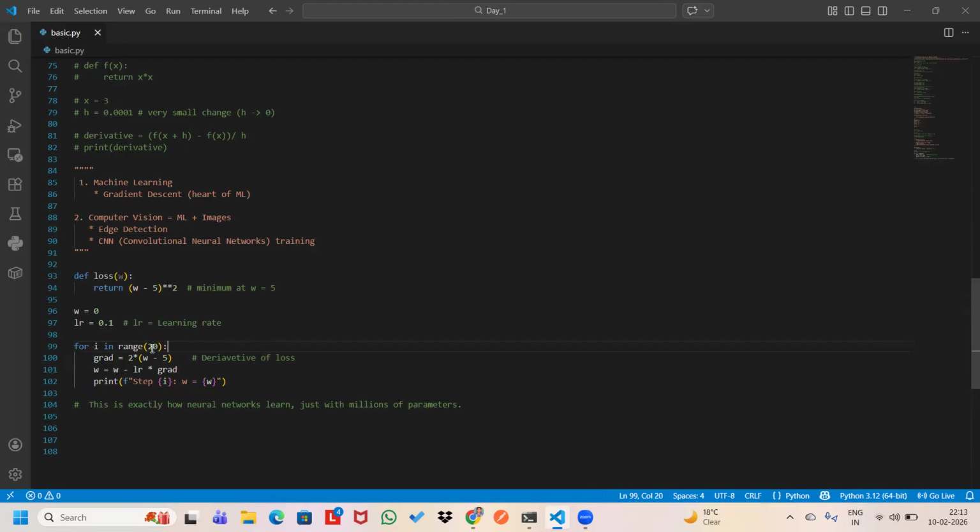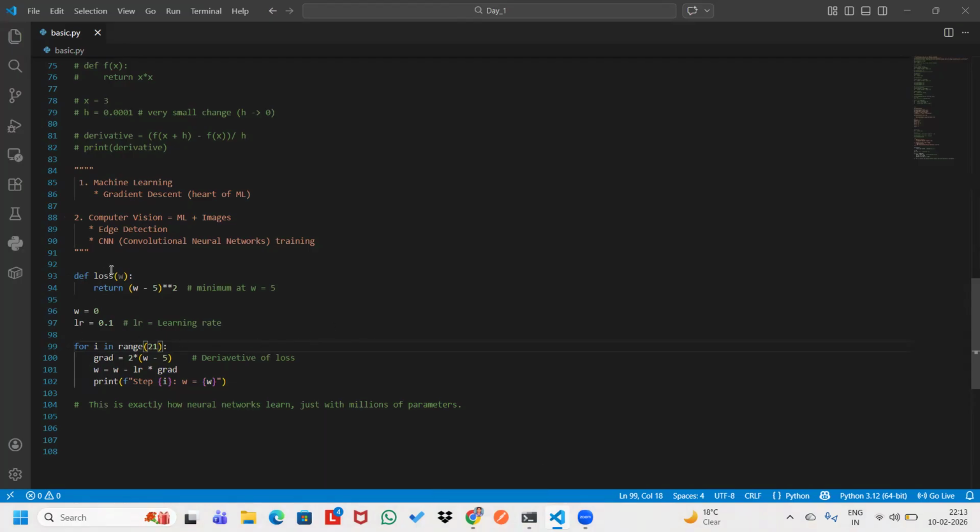That means 0 is inclusive, but 20 is exclusive. If you want to go up to 20, then take 21, and you will get from 0 to 20. So what will happen? I'm taking this value.